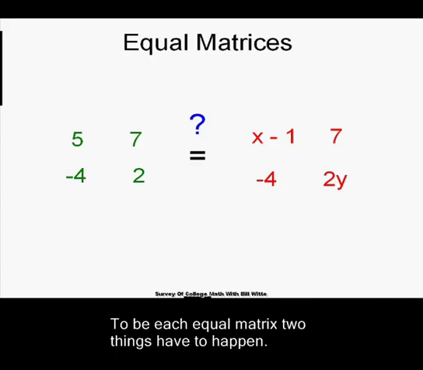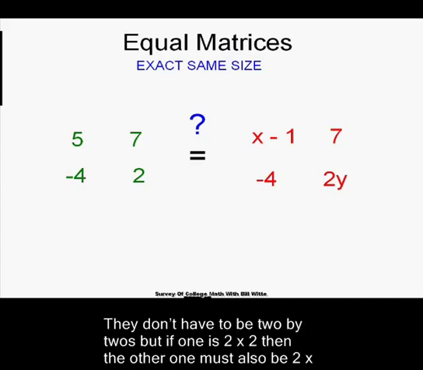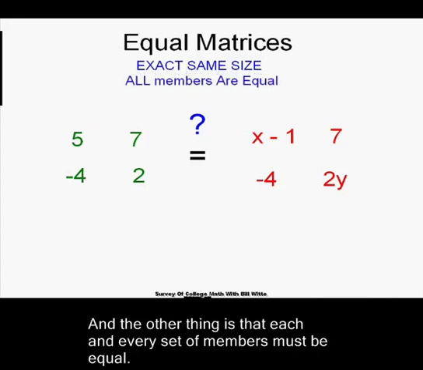To be equal matrices, two things have to happen. One thing is they have to be the exact same shape or exact same size. They don't have to be 2 by 2s, but if one's 2 by 2, the other one has to be 2 by 2. If one's 3 by 2, the other one has to be 3 by 2, etc. And the other thing is that each and every set of members has got to be equal.